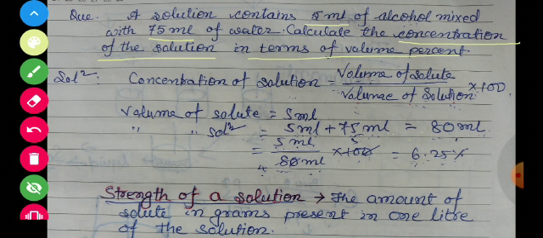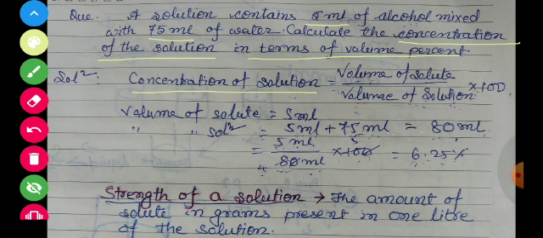If we want to find out the concentration of the solution in terms of volume percent, we have one formula, and the formula is volume of solute divided by volume of solution into 100. So first let us see what is the volume of solute and what is the volume of solution.